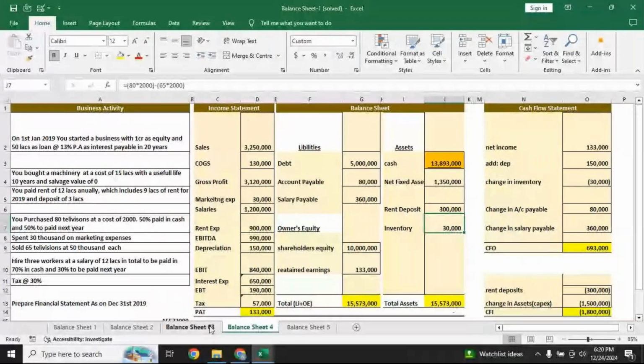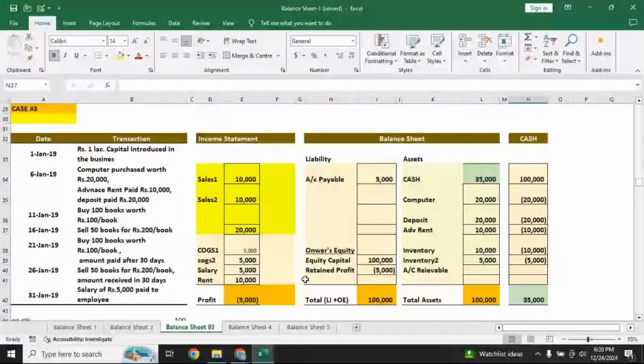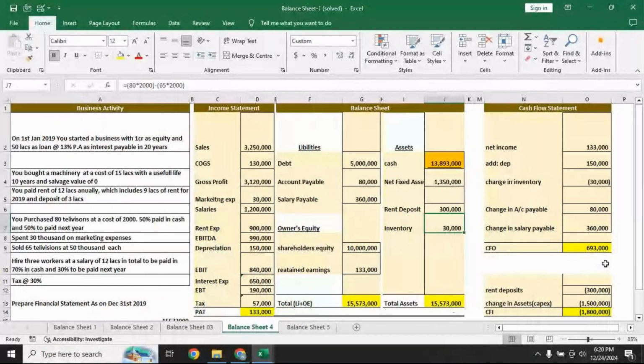Balance sheet 4, you need to observe carefully and apply the values. You try solving this, I will solve it and show. Any doubts, please ask.